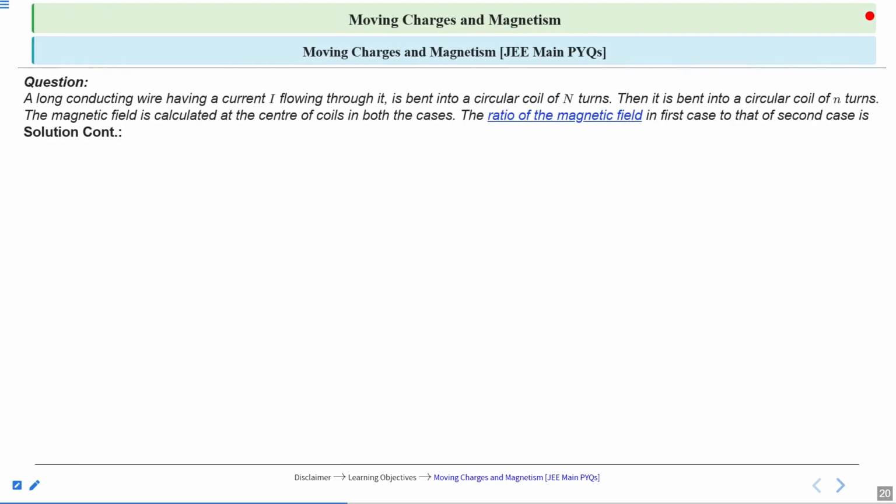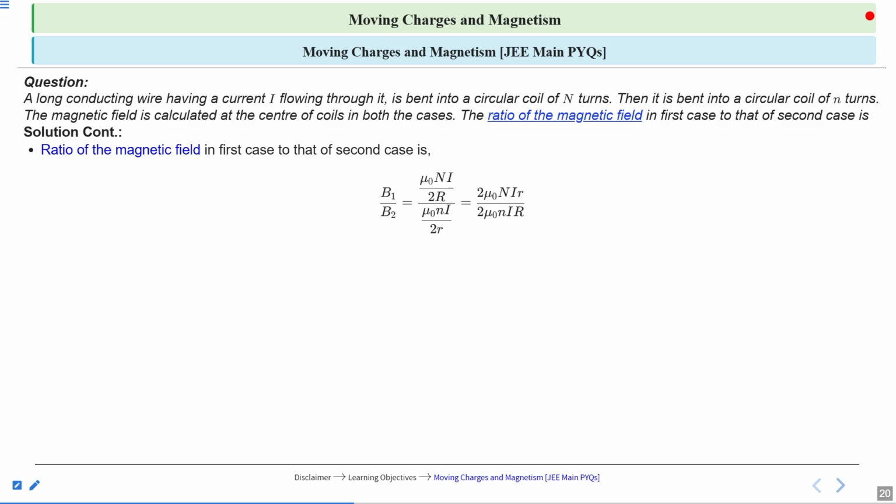Now we have to find the ratio of the magnetic field in the first case to that of the second case. So B1 upon B2 is mu naught capital N I upon 2 capital R, divided by mu naught small n I upon 2 small r, which is equal to 2 mu naught capital N I small r upon 2 mu naught small n I capital R. The 2, mu naught and current I get cancelled out from the numerator and denominator.